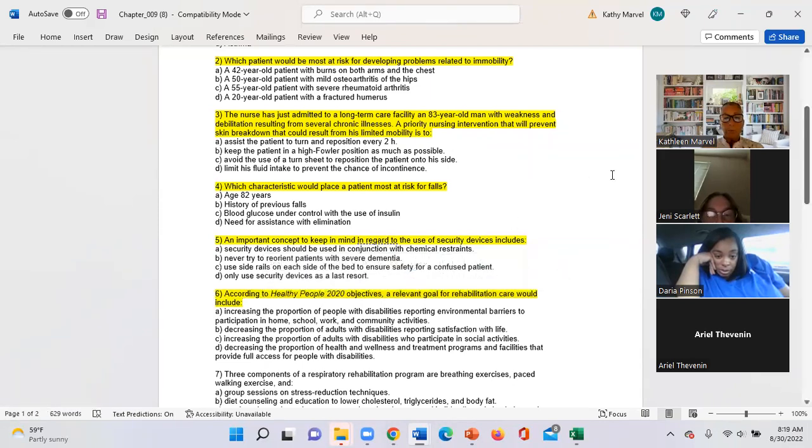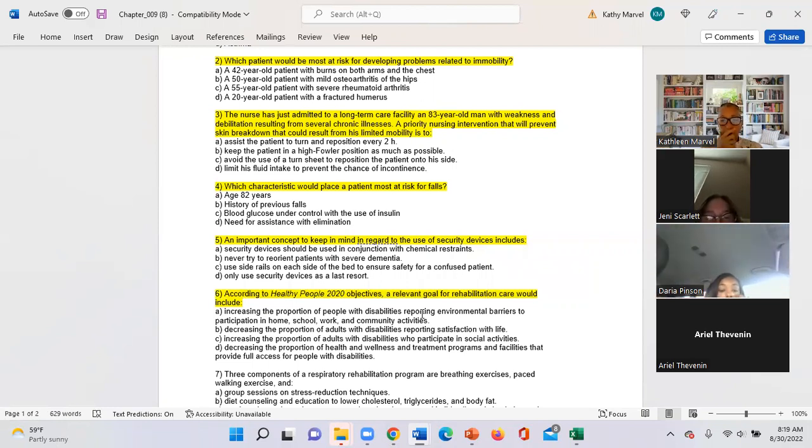It's Healthy People. Goals for rehabilitation. That's in your chapter. So if you haven't read your chapter, you probably won't know this. Anybody have a stab at it? They're talking about rehab, so it's people with disabilities. And it's specific to Healthy People 2020.